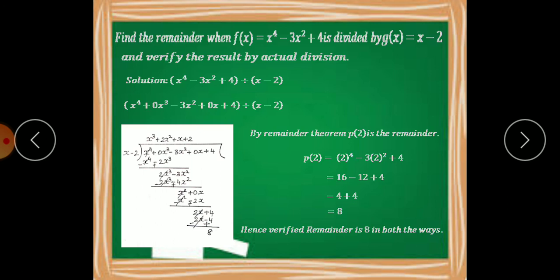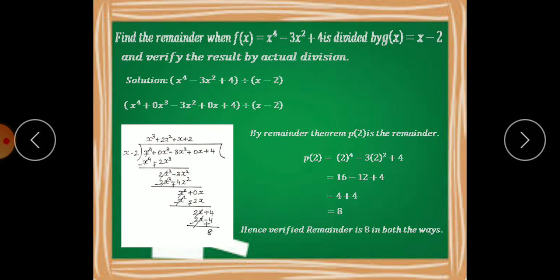Let's recall the last class where we arranged the dividend in descending order, and whichever term is missing, we write that term with 0 coefficient. In this, which terms are missing, children? x cube term and x term. So we write the dividend as x power 4 plus 0x cube minus 3x square plus 0x plus 4 when divided by x minus 2.